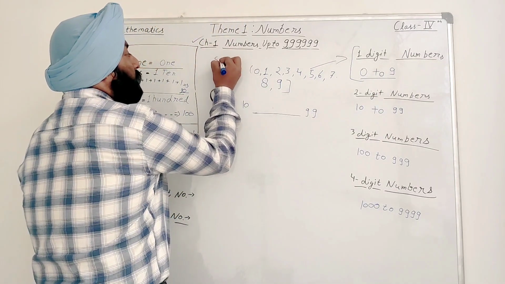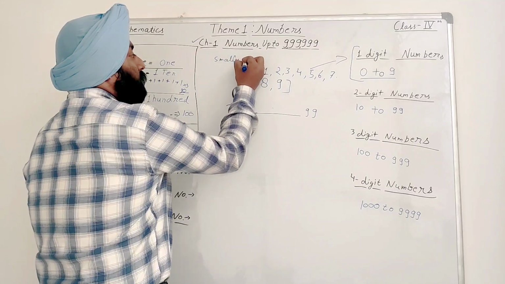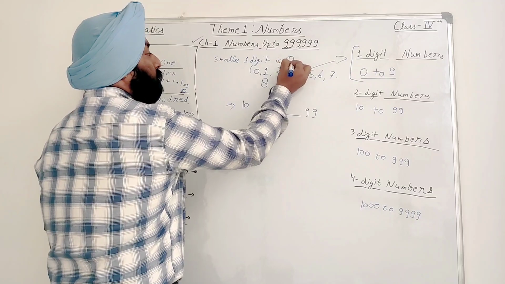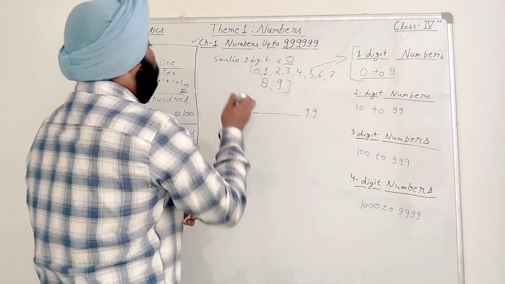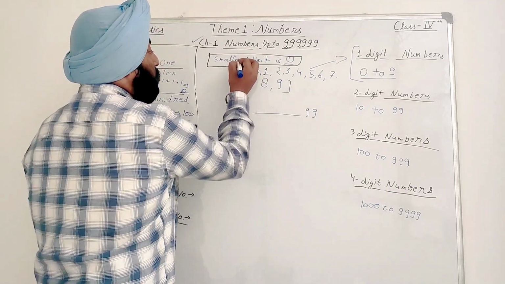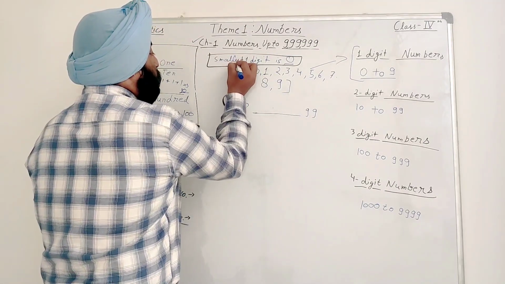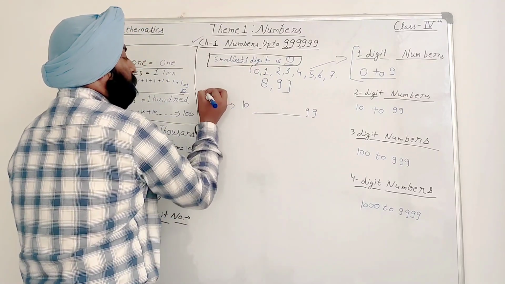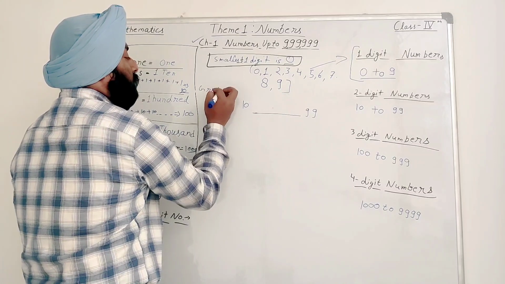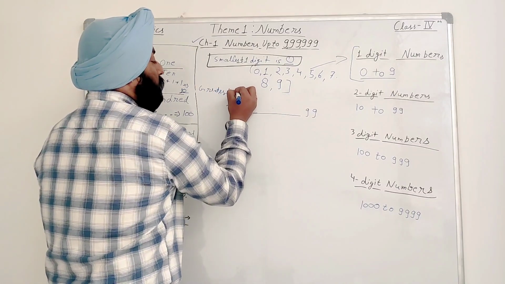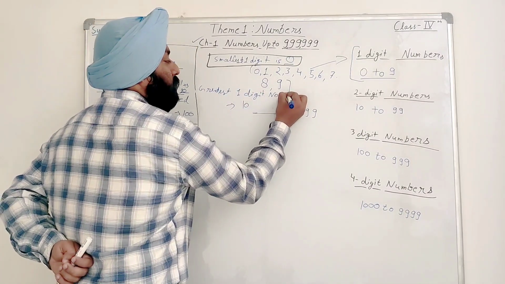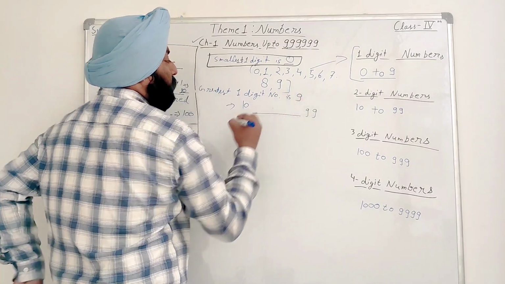So if we talk about one digit numbers, our smallest one digit number is 0, and our greatest one digit number is 9.